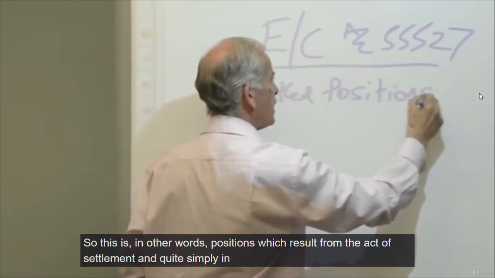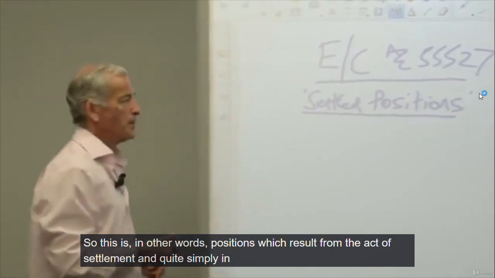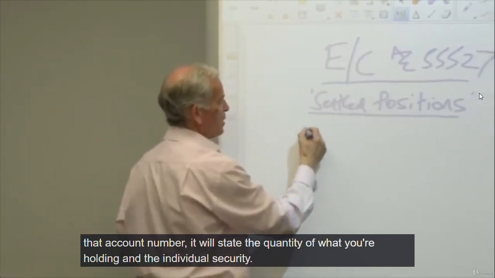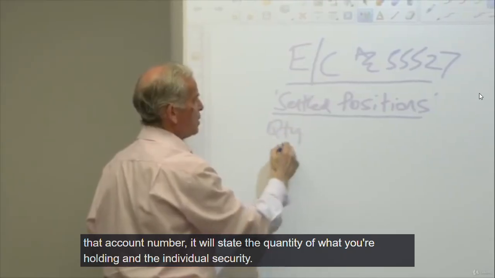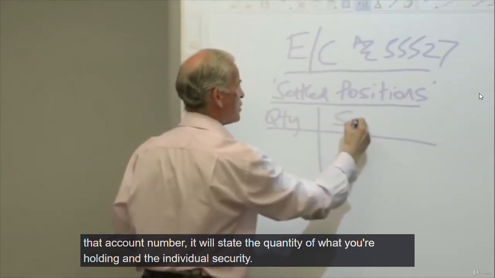So this is, in other words, positions which result from the act of settlement. And quite simply, in that account number, it will state the quantity of what you're holding and the individual security.